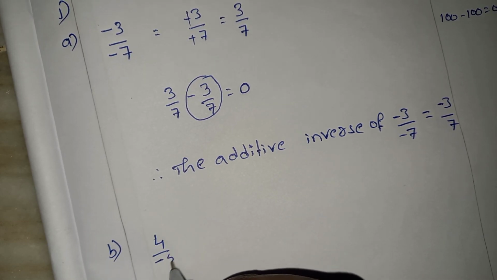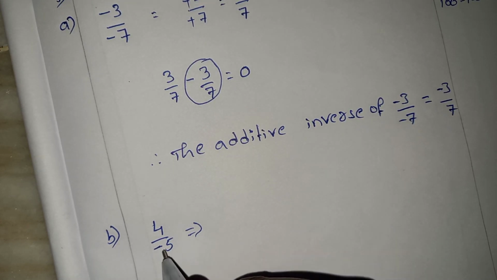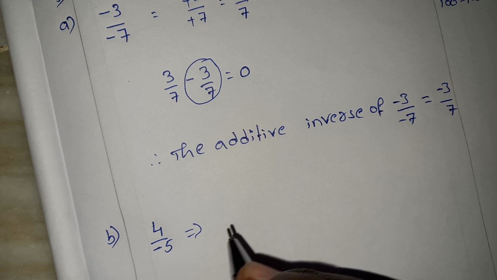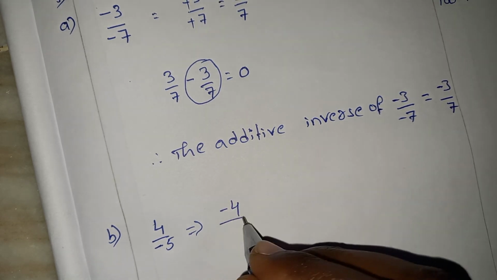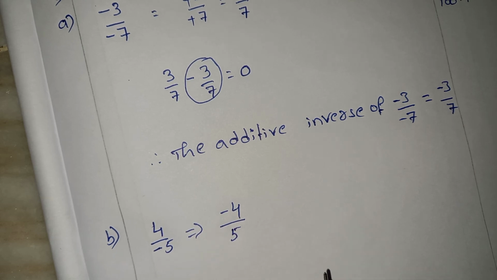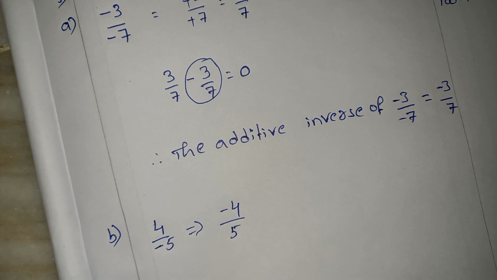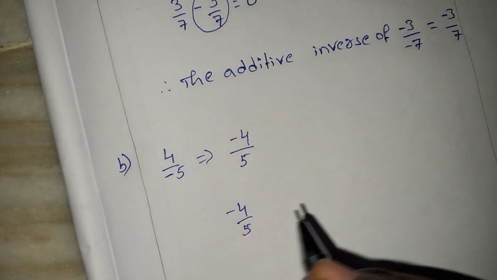4 by minus 5. First, you have to resolve the question. 4 by minus 5 means you can keep the minus symbol in the top place also. So, it will become minus 4 by 5. How much do we have to add to minus 4 by 5 to make it 0?